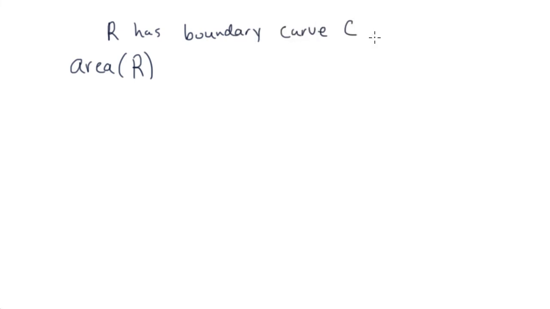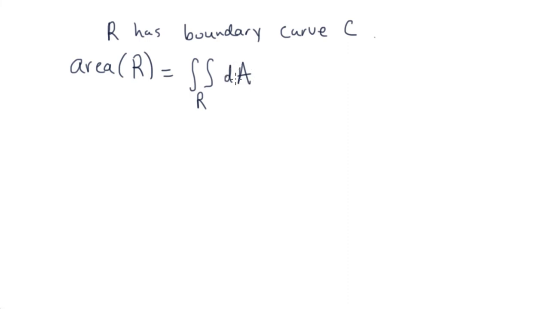Specifically, what I want to talk about is if I want to find the area of a region R, and let's say that R has a boundary curve C. If I want the area of a region R bounded by the curve C, of course I can just take the double integral of the function 1.